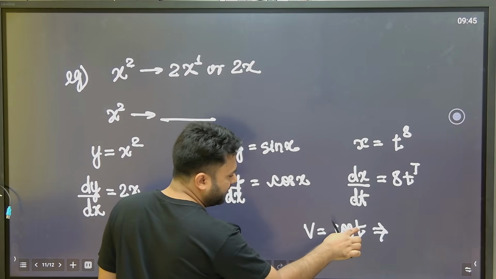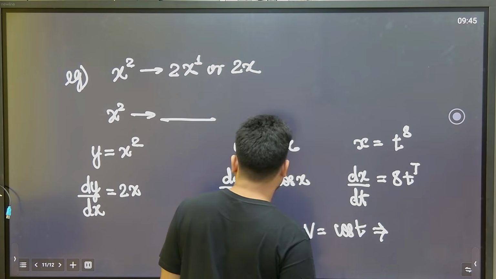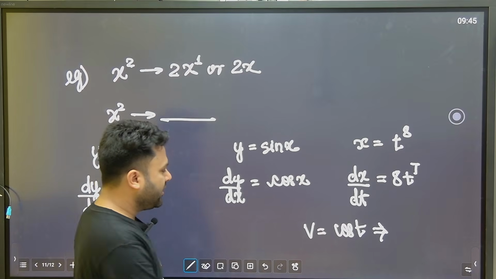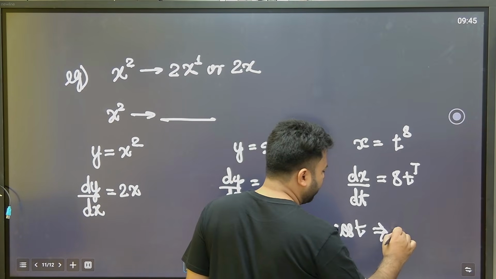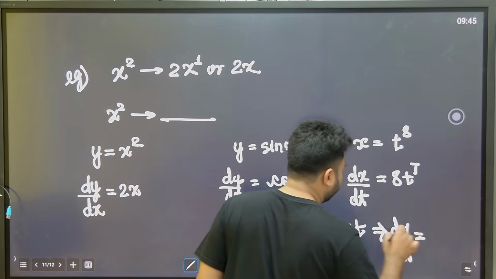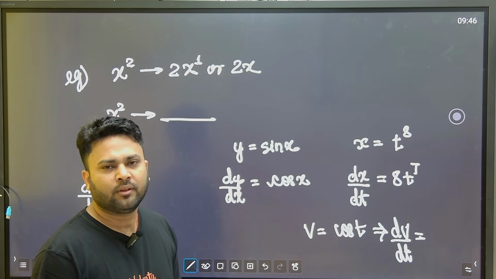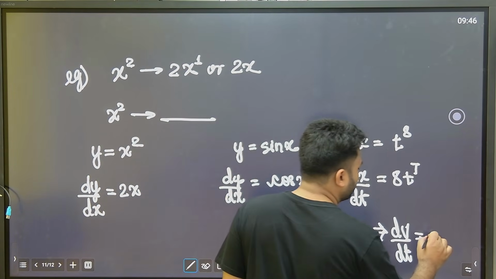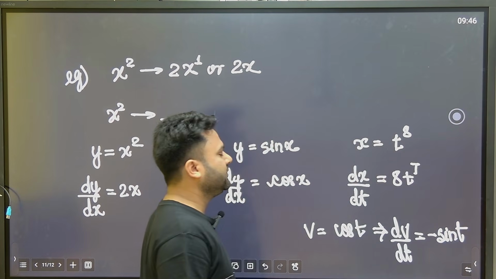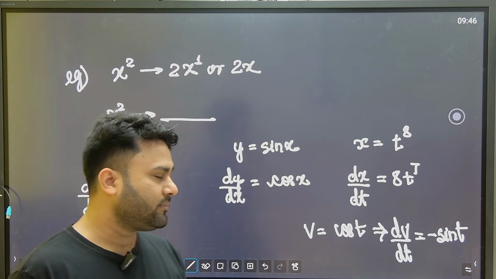Here we have v, here we have variable t. Here we have y, here we have x. What we write? dy by dx. Here we have v, here we have t. What we will write? dv by dt. Now what is the differentiation of cos? Cos is minus sin. So minus sin t. This will be the answer. Okay.